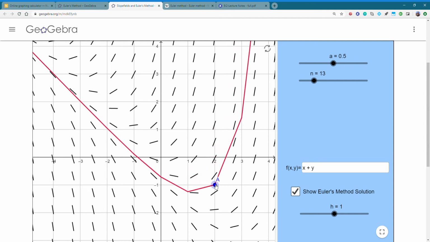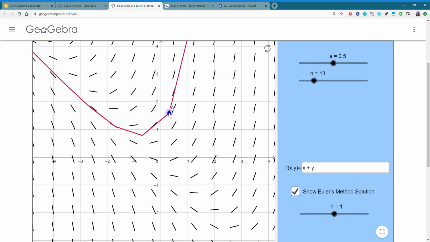The idea here is that we're using line segments to get our approximation, and if we move our base point around, we can get some different approximate curves. And if we want a better solution, let's just step out less and less.